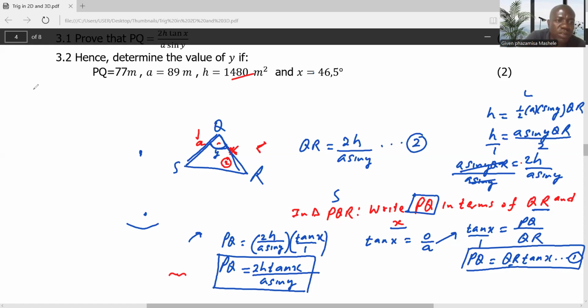Actually, we can just copy the equation: PQ equals 2H tan x over A sine Y. We want angle Y, so let's do the substitution and get the answer. It's just straightforward this way.